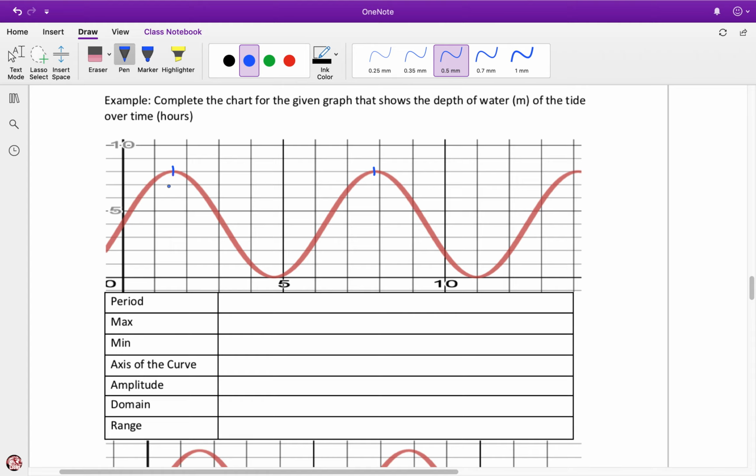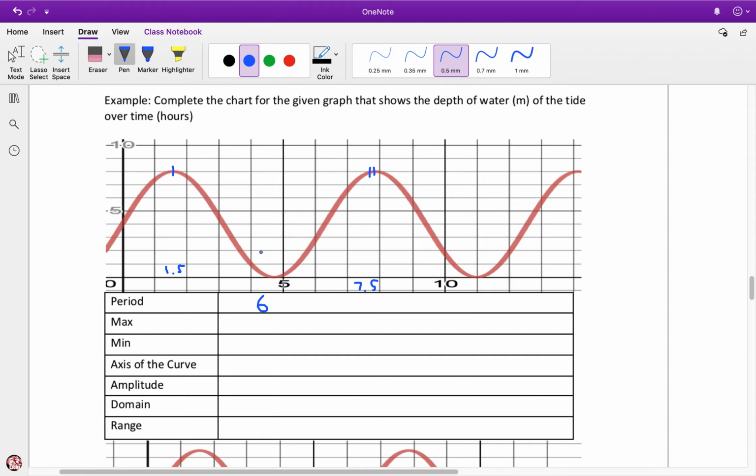So from here that's about 1.5, and that's about 6, 7, 8. Let's make it 7.5, just for nice sake. The difference between 1.5 and 7.5 is about 6, so I could count 1, 2, 3, 4, 5, 6 over.